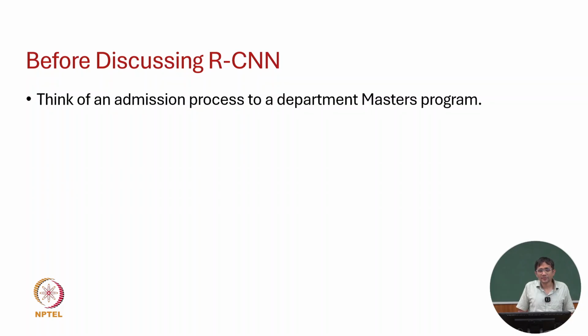You would apply some kind of shortlisting criteria that could be based on GATE score, that could be based on CGPA or something like that. Of course, it could be a combination of those aspects to actually identify a much shorter number of candidates.